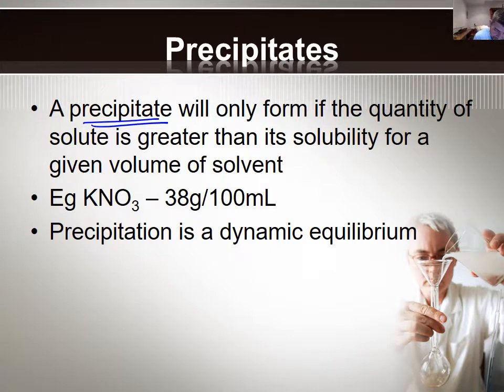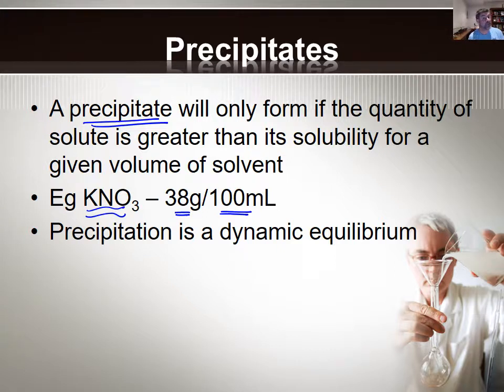So let's pick something like potassium nitrate. Potassium nitrate has a solubility of 38 grams per 100 mL. That is, if we have 100 mL of water, we can add 38 grams of potassium nitrate before a precipitate will form. If we add 37 grams, there will be no precipitate.